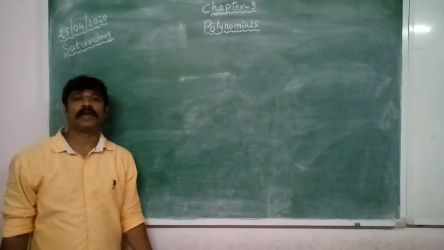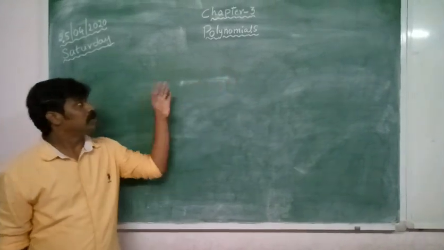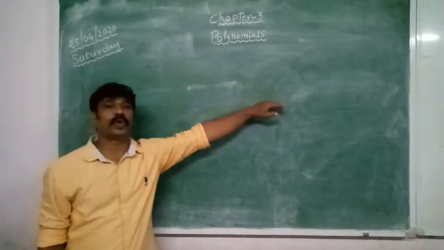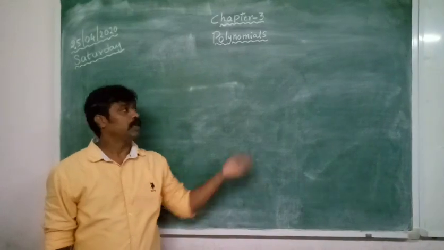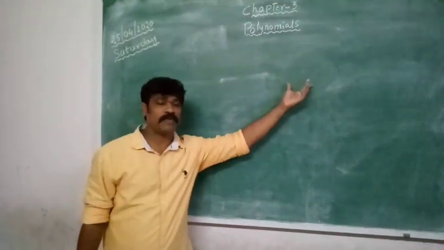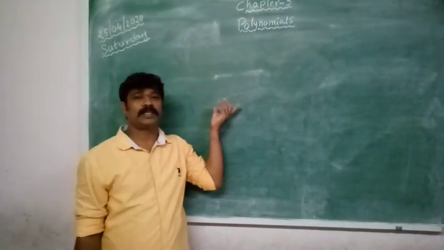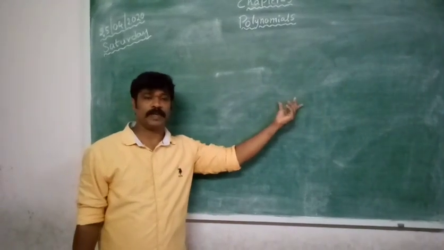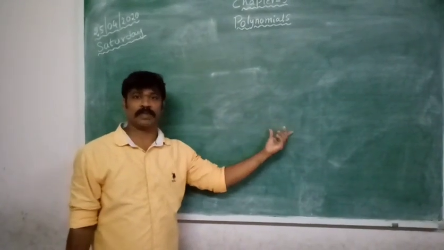Now, in the last class, we learned the relationship between zeros and the coefficients of a quadratic polynomial, that is, the sum of zeros is equal to minus b by a and the product of zeros is equal to c by a.